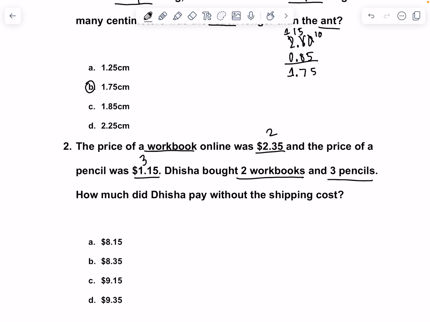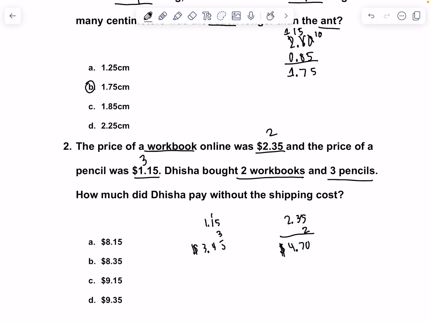Okay, so if there's no shipping cost, we just have to multiply. So 3 times 1.15, which would be $3.45 for 3 pencils, and then 1 workbook is $2.35. So then we multiply by 2, and we would get $4.70.